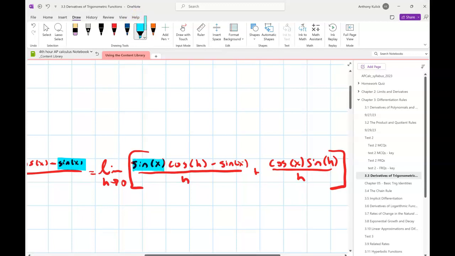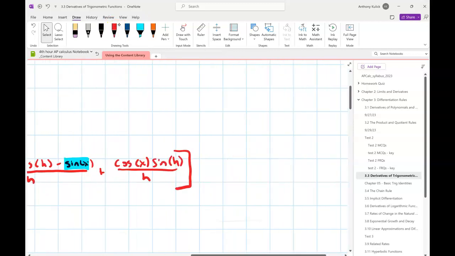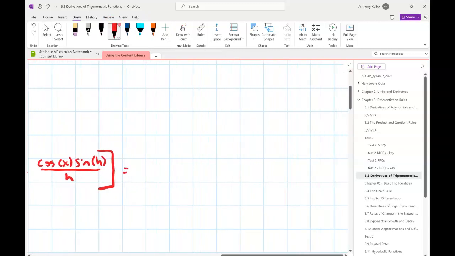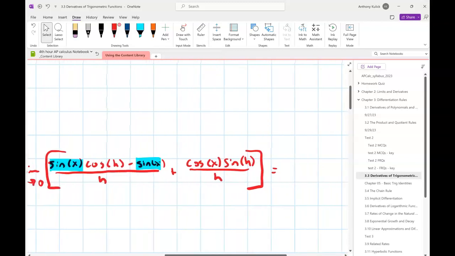And now let's go ahead and do a little factoring. So I'm going to factor off that sine x, and then I'm going to use a limit law to write that as the product of two limits.